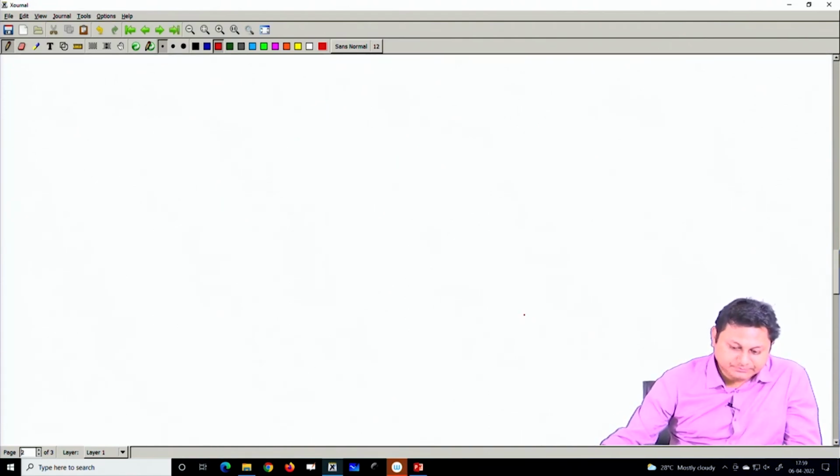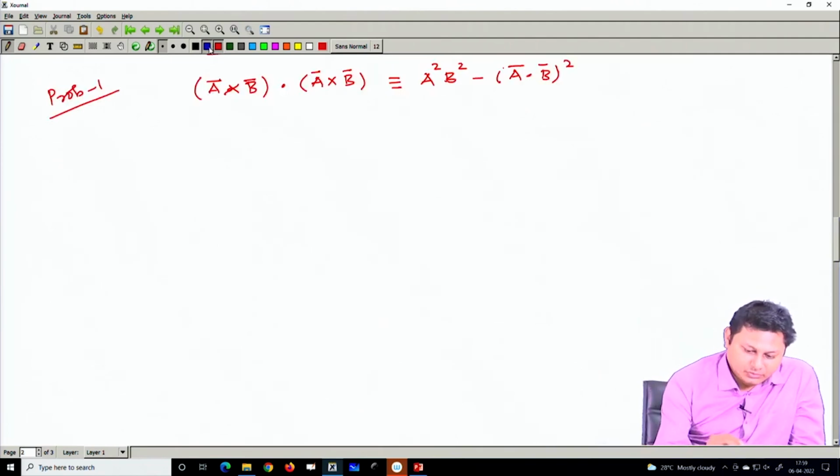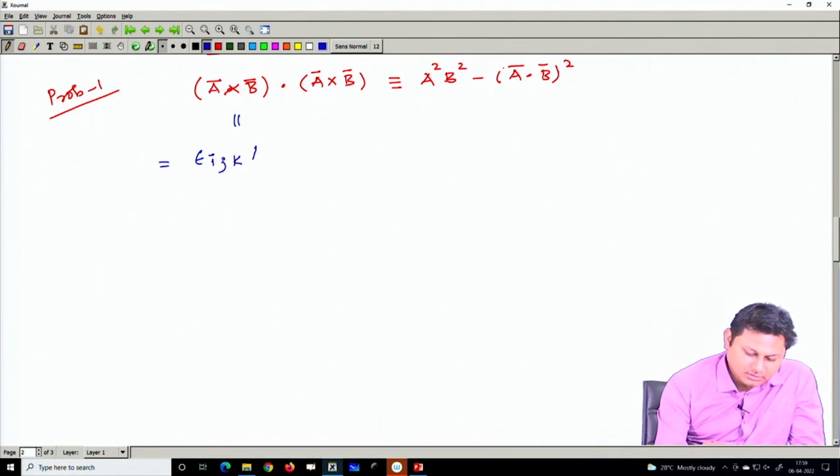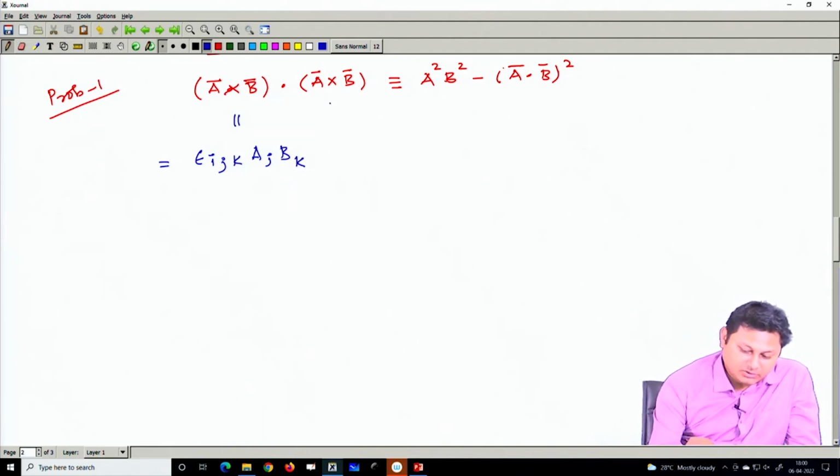How to do it? So, this quantity, if I write the ith component, it will be epsilon i j k A j B k, and then it should be multiplied by the ith component of the next term, which is epsilon i l m.